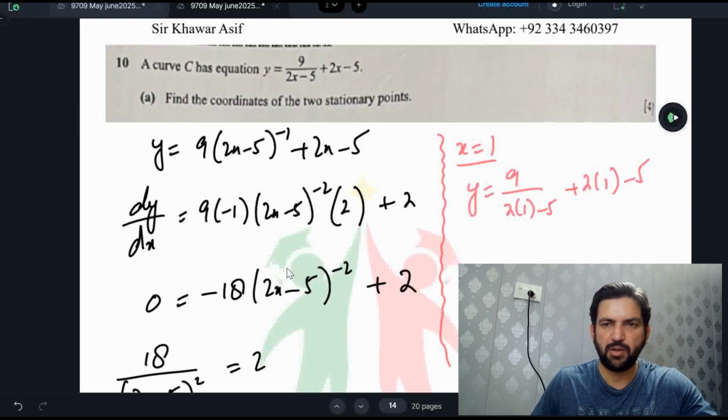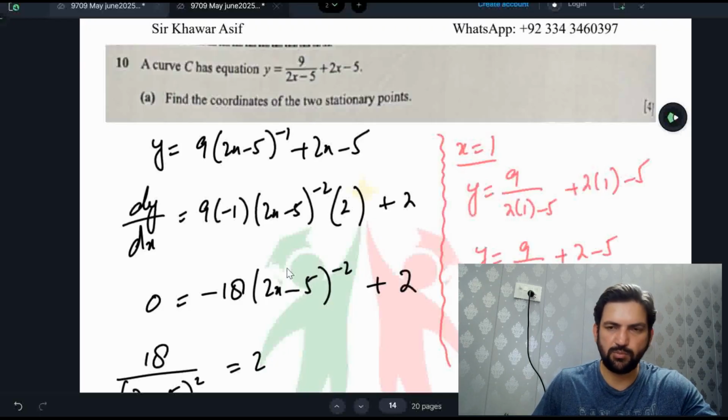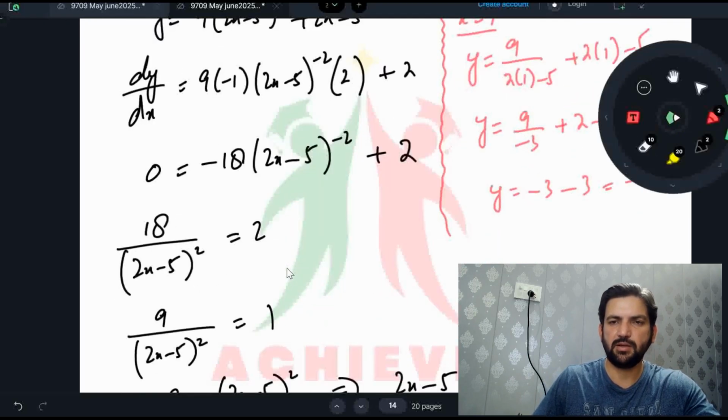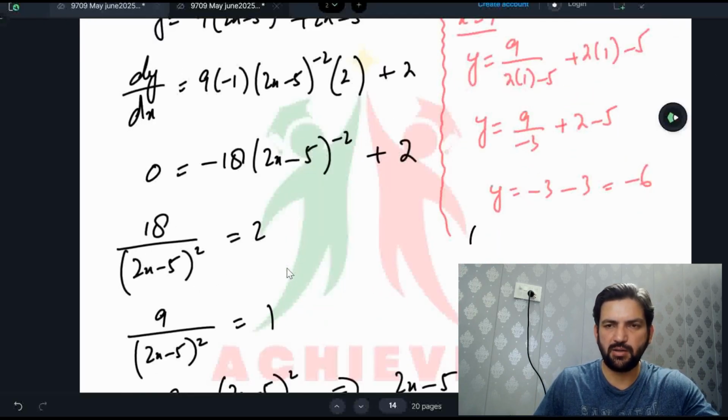So y is equals to 9 by minus 3 plus 2 minus 5. So y is equals to minus 3 minus 3. So y is equals to minus 6. So from here we can say that one coordinate is 1 and minus 6.